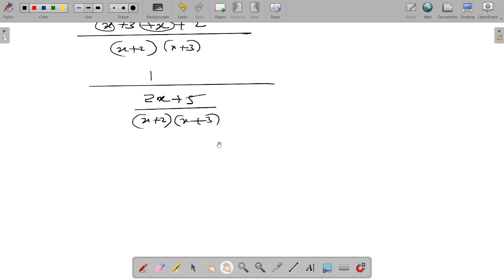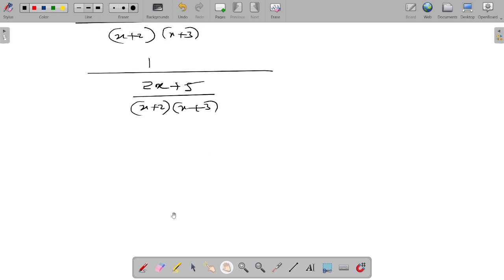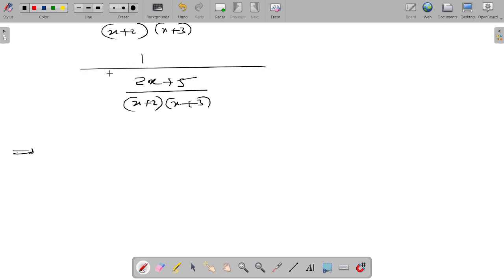You just need to reduce or break down the question given to you to the simplest step, right? So once you get to this stage, it is clearly seen that I can write this whole fraction as 1 divided by 2x plus 5 over x plus 2, x plus 3, right?